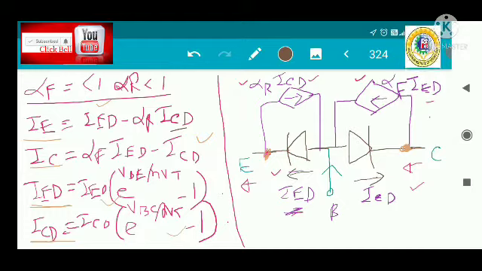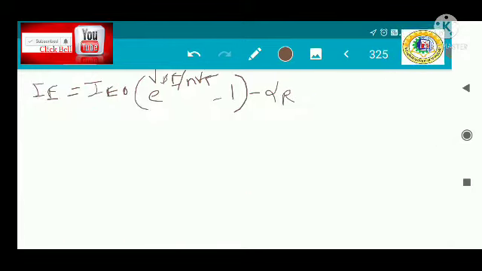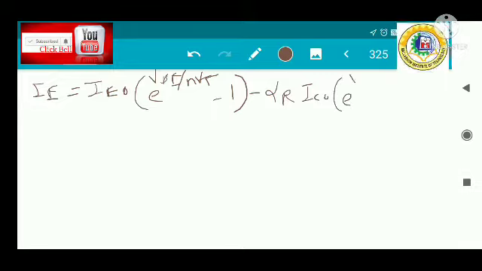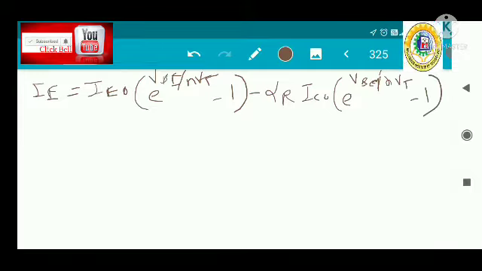ICD will be replaced by this equation: IC0 e to the power VBC divided by eta VT, minus 1.